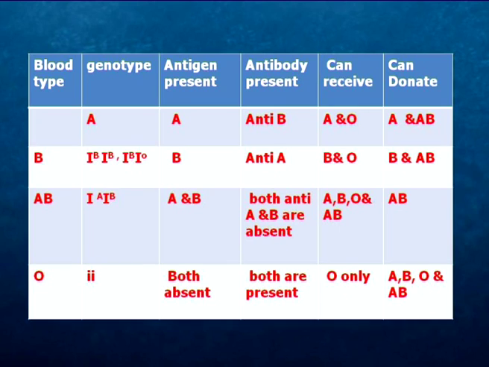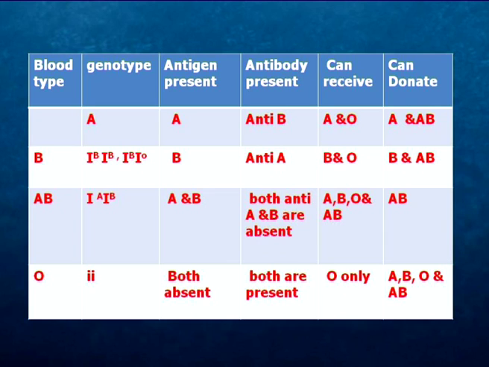Now you have about 6 vertical columns in the slide and 5 horizontal rows. In the first place, you have the phenotypes of the blood groups: A, B, AB and O. Now for the A phenotype, how many genotypes are expected?